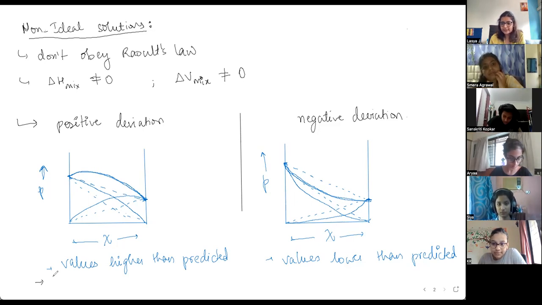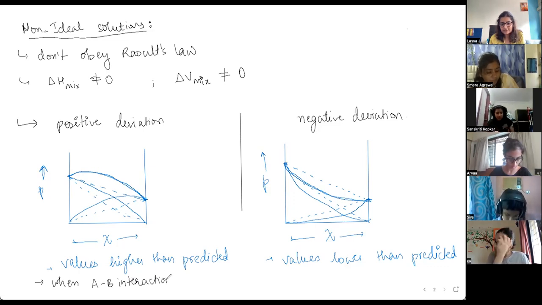In this case, you get positive deviation when the AB interactions, the interactions in the mixture, are weaker than if they were in separate pure liquids. So weaker than AA and BB.